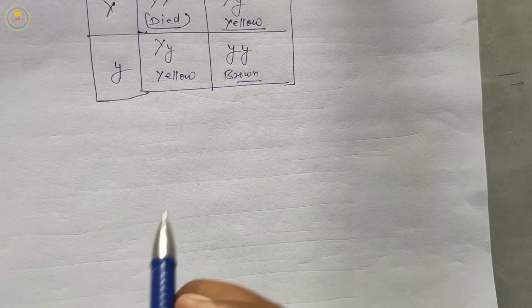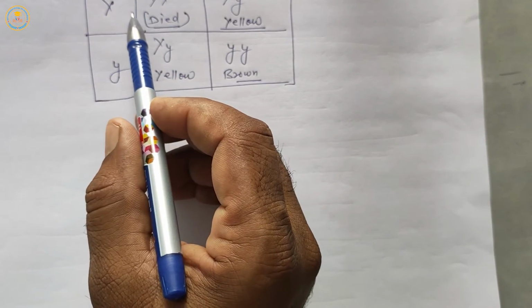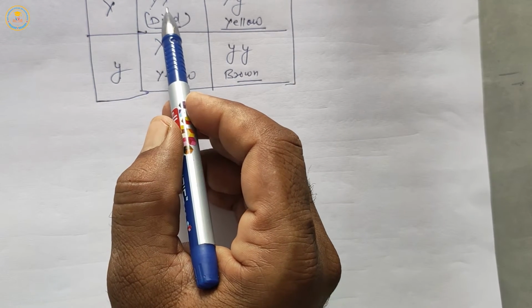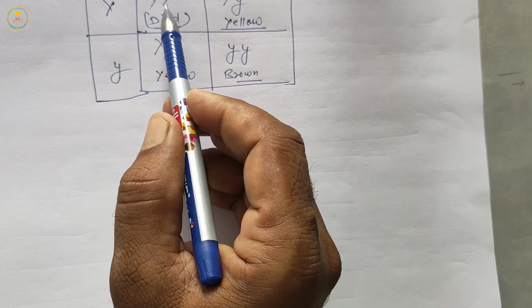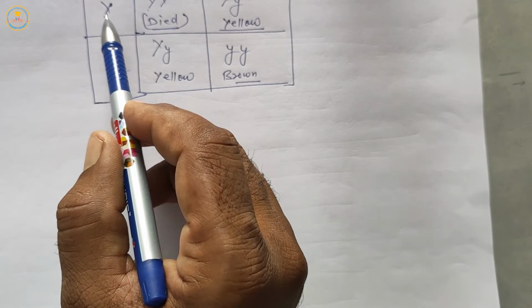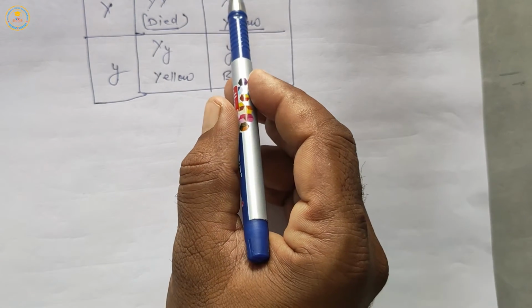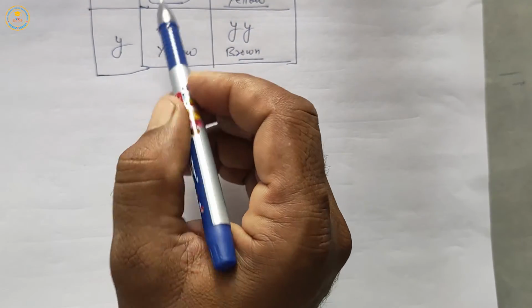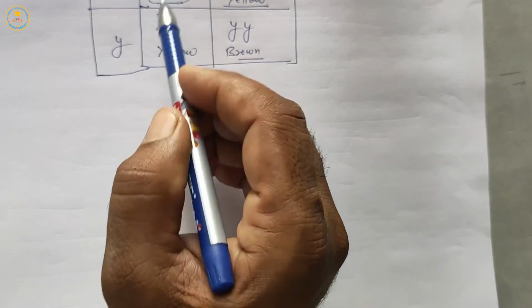Once again, capital Y with capital Y forms capital Y capital Y. Capital Y with small y gives capital Y small y, twice.